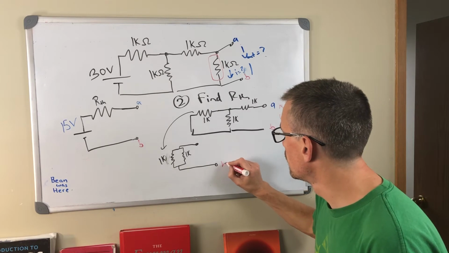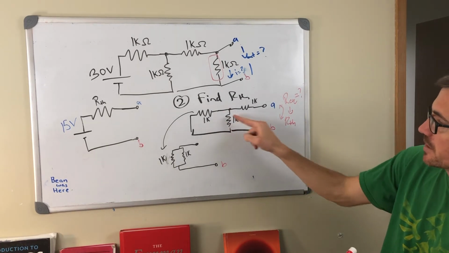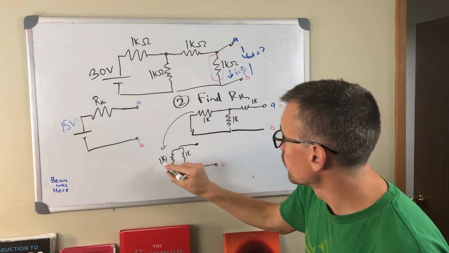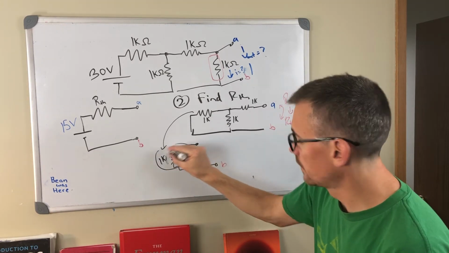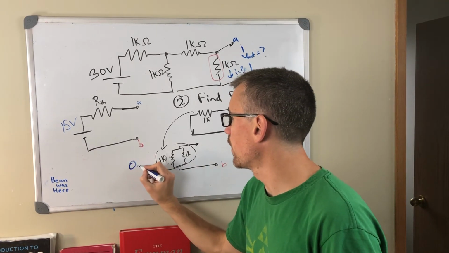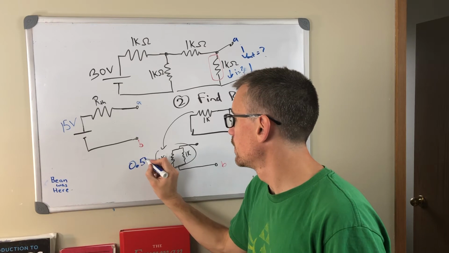If you can tilt your head right, that's the same as this circuit here, which is equal to this resistance here is just half a K, so it's 0.5K or 500 ohms, however you'd like to write it.